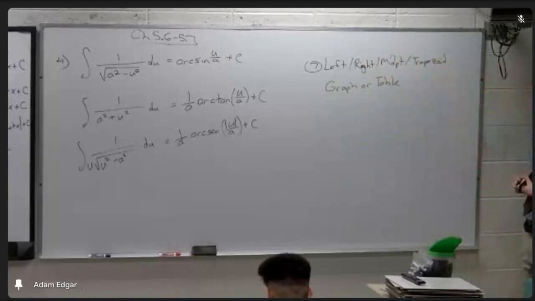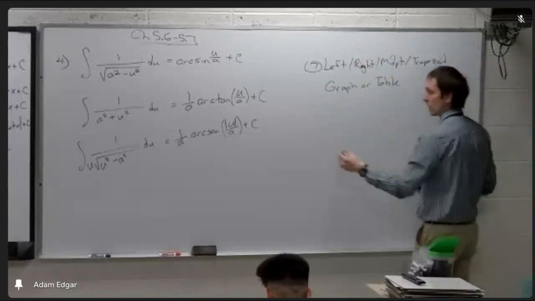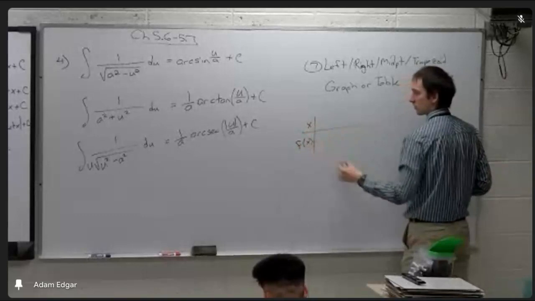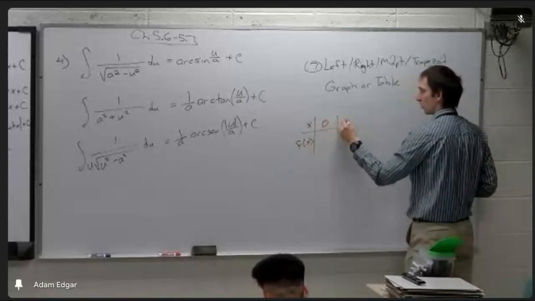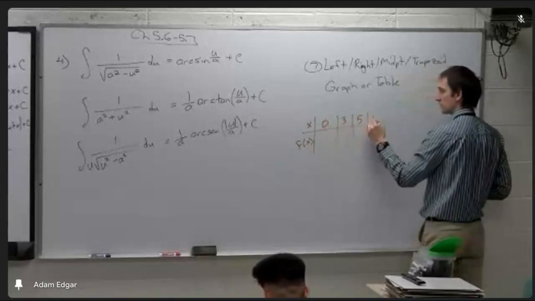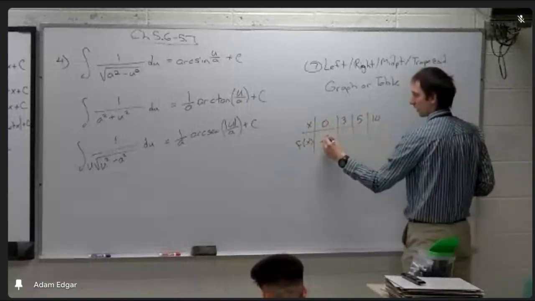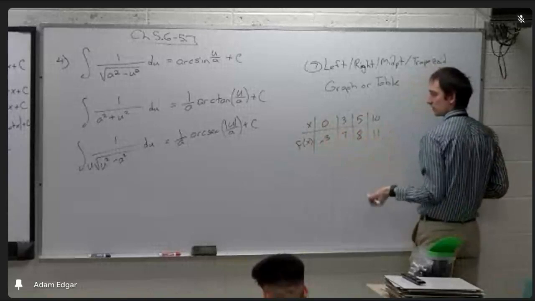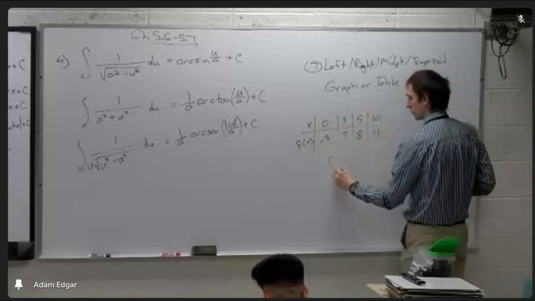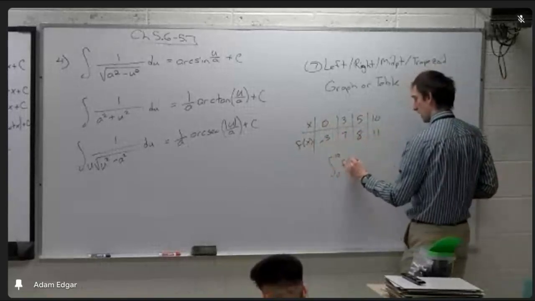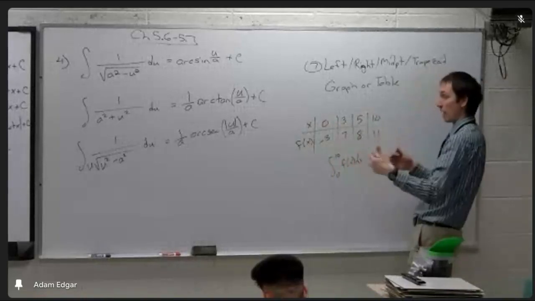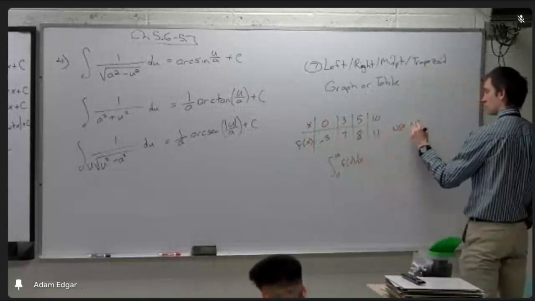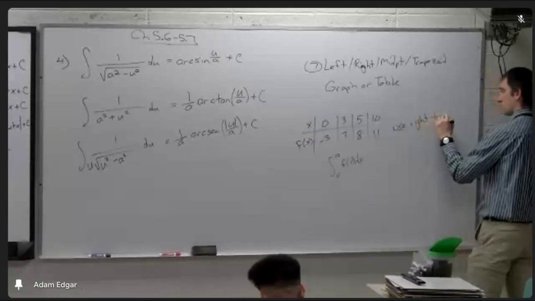So, if I gave you a table, let's say here's x and here's f of x, with x values 0, 3, 5, 10 and f of x values negative 3, 7, 8, 11, and I wanted the integral from 0 to 10 of f of x dx using a right-hand Riemann sum.